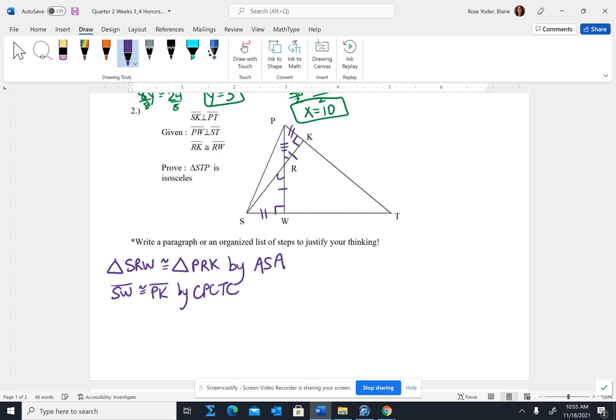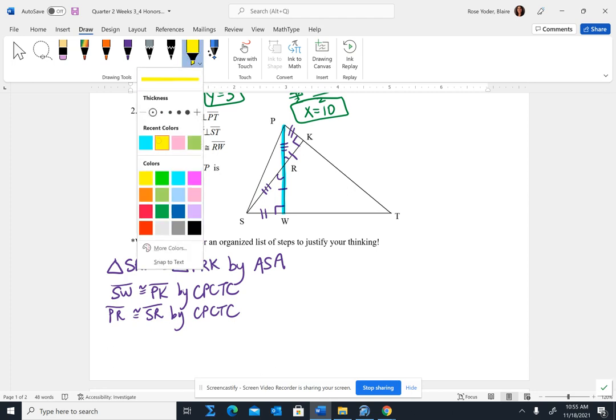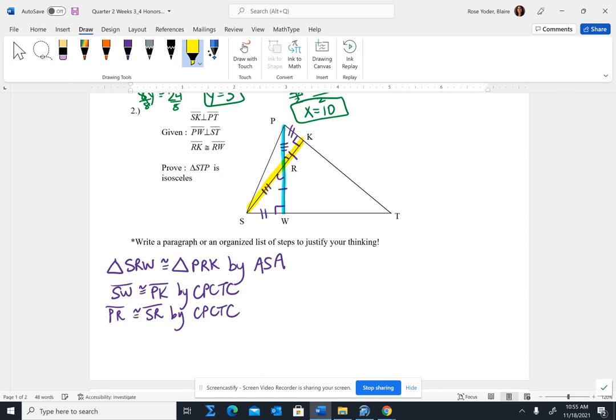So PR is also congruent to SR by CPCTC. All right, that might not seem helpful, but the reason why it is, I can add these two segments together to say that that whole segment is congruent to this whole segment.